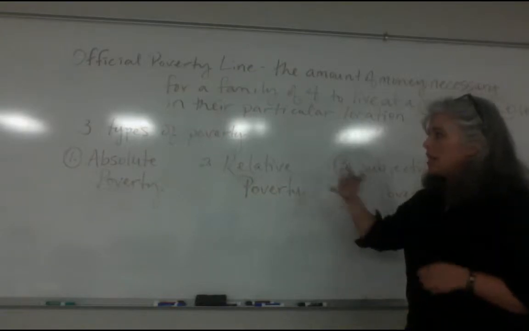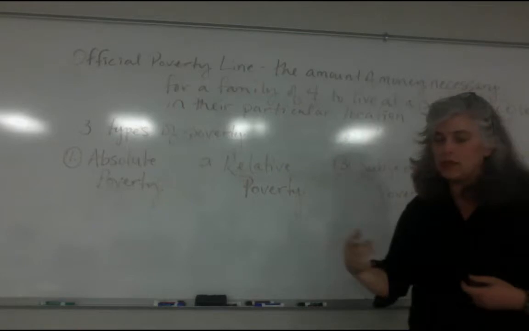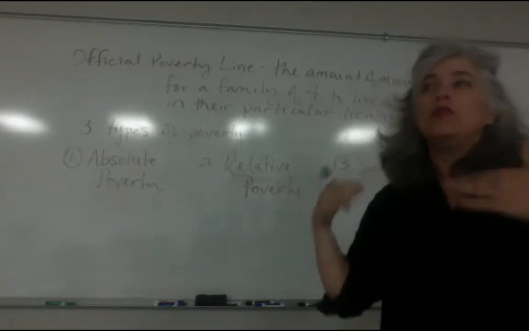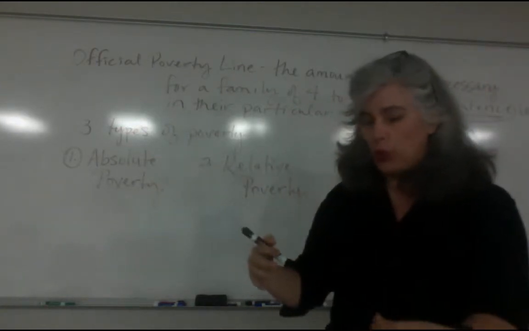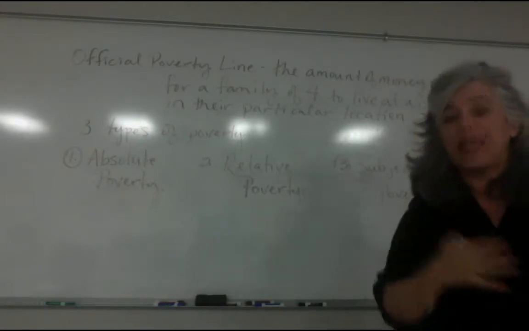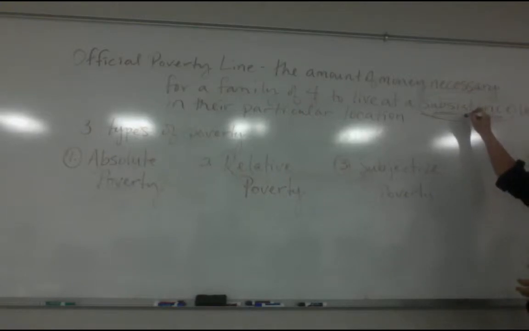In the United States, we have something called the official poverty line. We use that measurement to determine whether you and the people who depend on you are qualified for certain social safety nets that make it easier for you to live at or above a subsistence level.